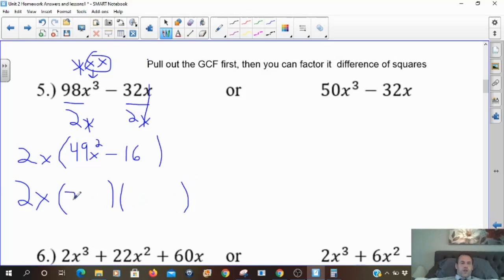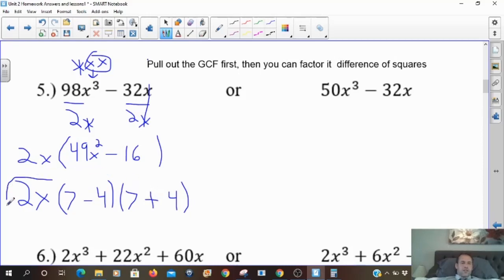The square root of 49 is 7, so 7 times 7 is 49. And then 16 factors into 4 times 4, because the square root of 16 is 4, and then you're going to want a minus and a plus. So that's how you do that kind of problem, right?